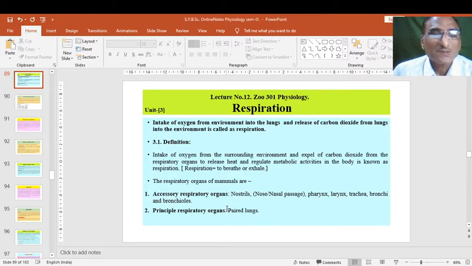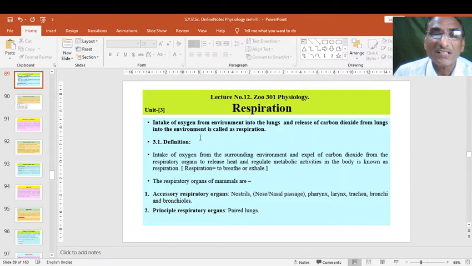The intake of oxygen from the surrounding environment and expulsion of carbon dioxide from the respiratory organ to release heat and regulate metabolic activities in the body is known as respiration, or in short, respiration is to breathe in and exhale. Whenever food is taken in, as we have seen in the last chapter, it gets digested, it gets absorbed, and after absorption it is stored in the form of glycogen.